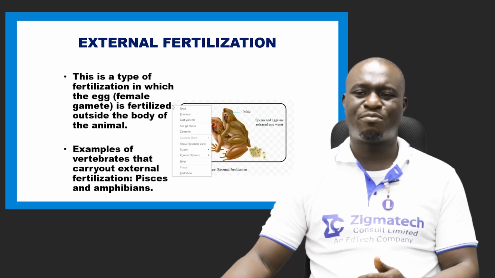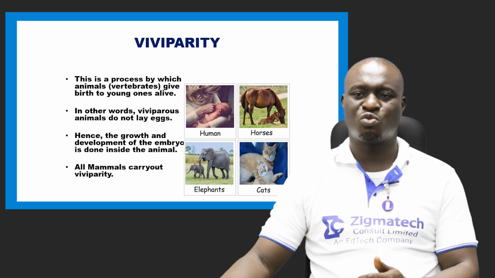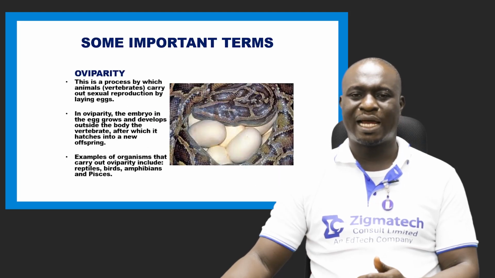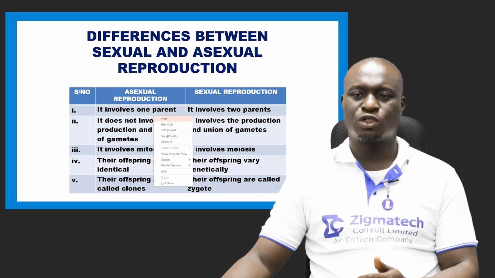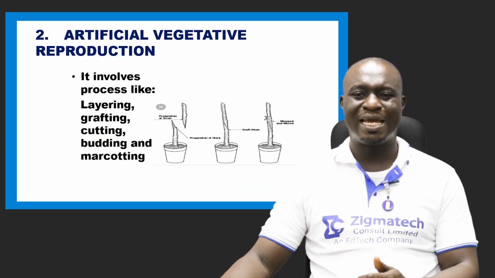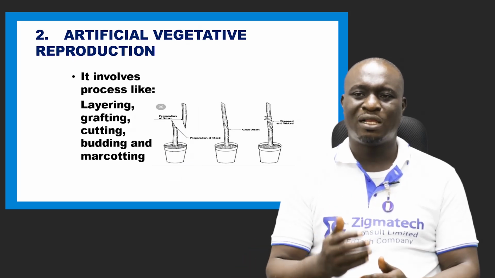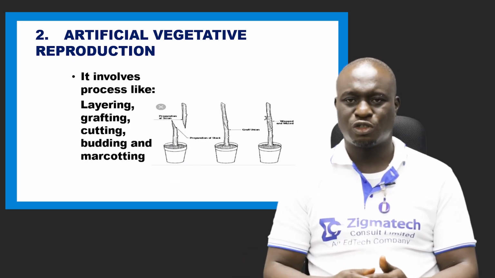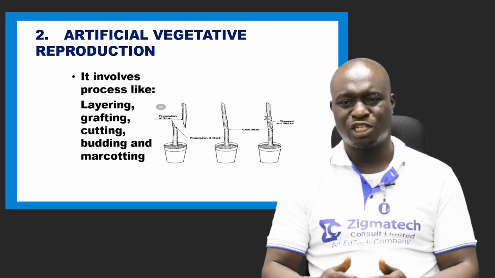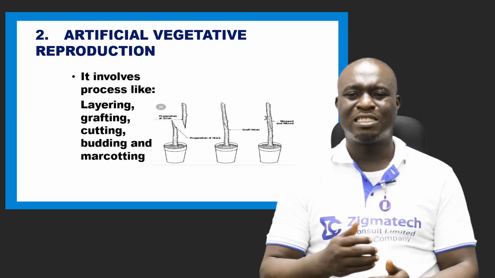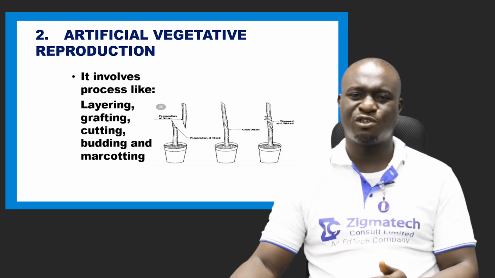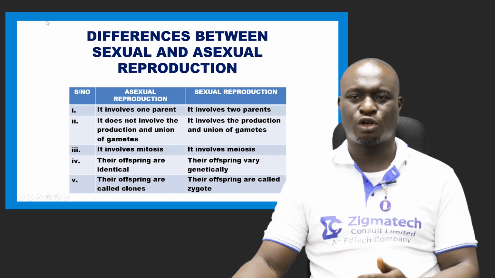Examples of artificial vegetative reproduction include marcotting, grafting, and layering. These are different types of artificial vegetative reproduction. We call that vegetative propagation. We have marcotting, budding, and stem cutting, and these are all examples of artificial vegetative reproduction.